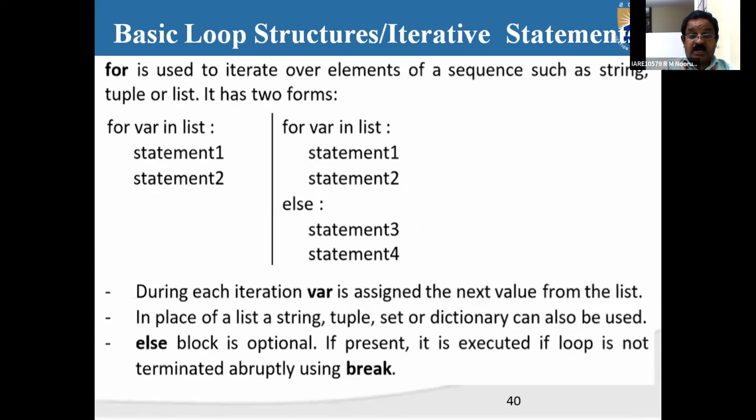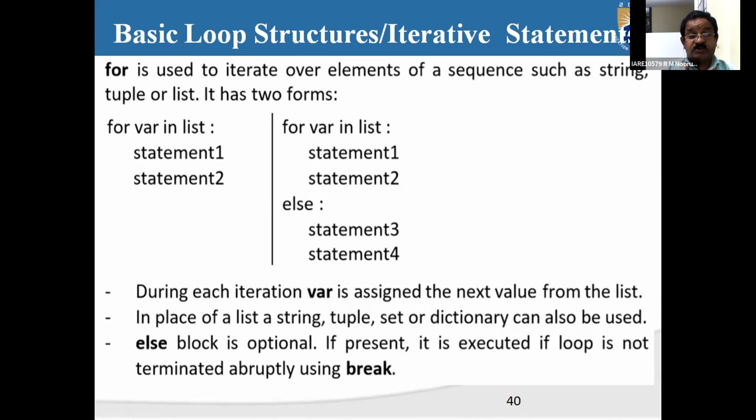It is checked whether that particular variable value is present within that range or list or not. If it is present, then these statements are going to be executed. Else it goes to statements 3 and 4. So the else block is optional, both in case of while as well as for loop.